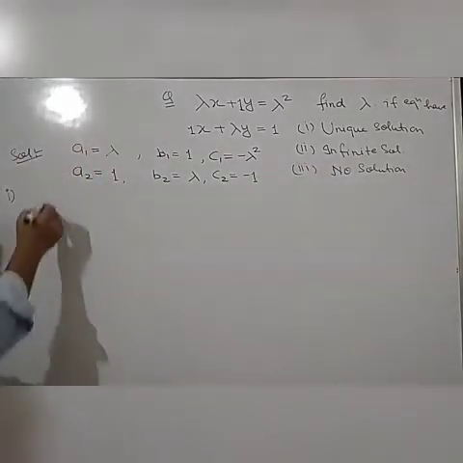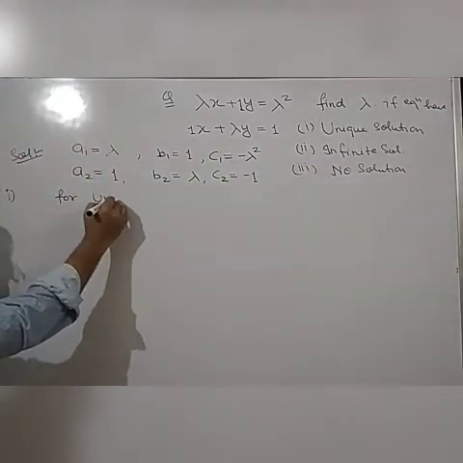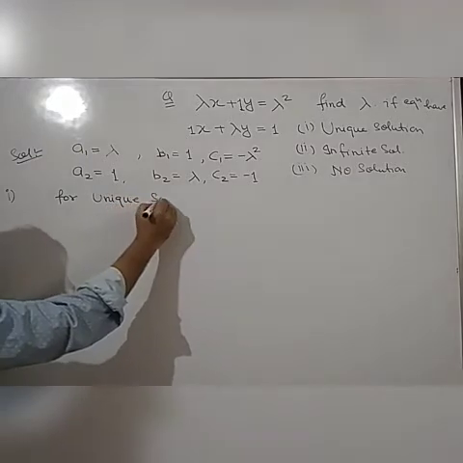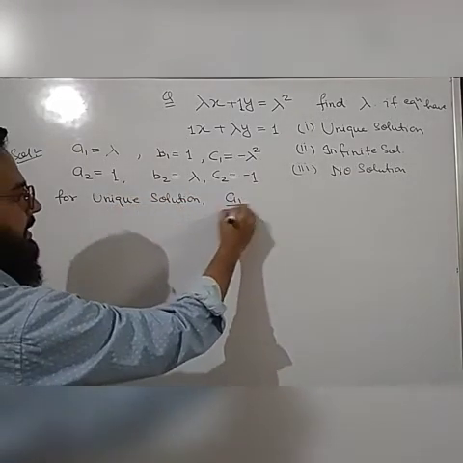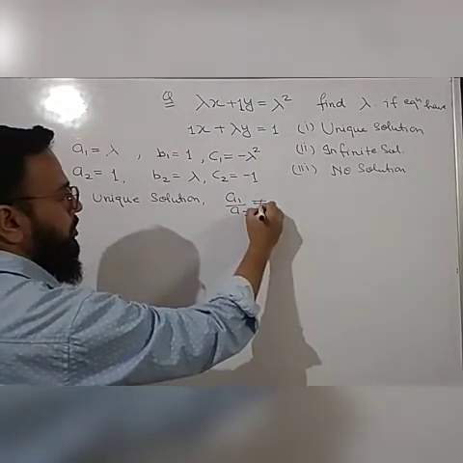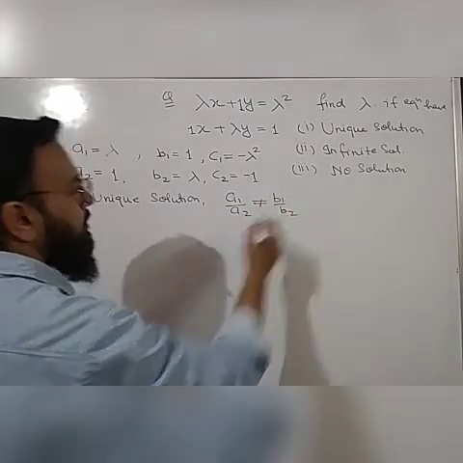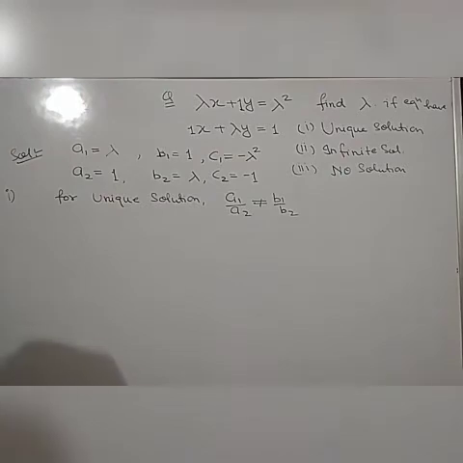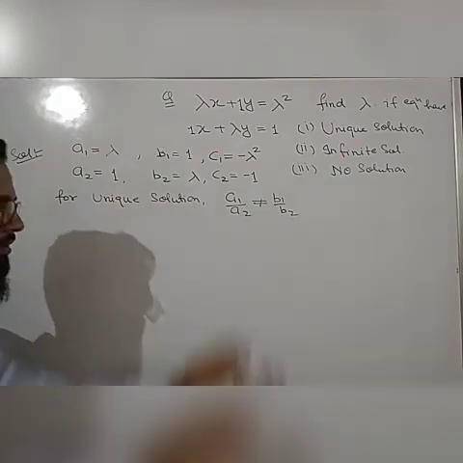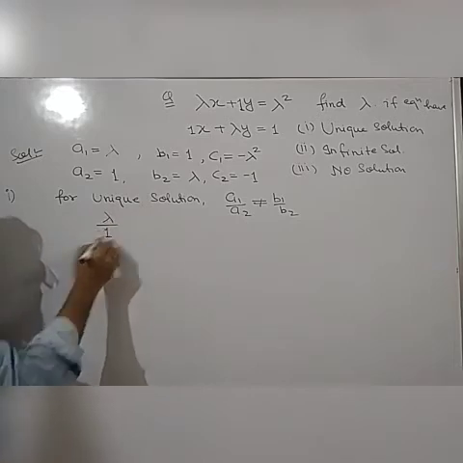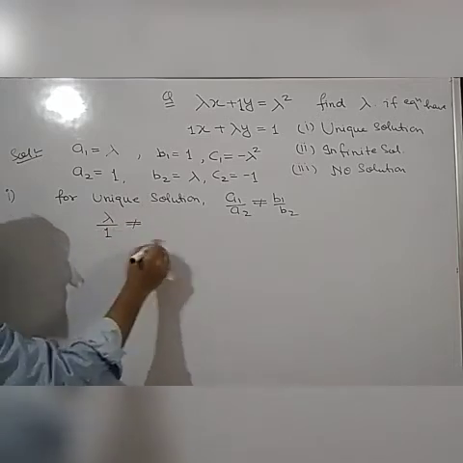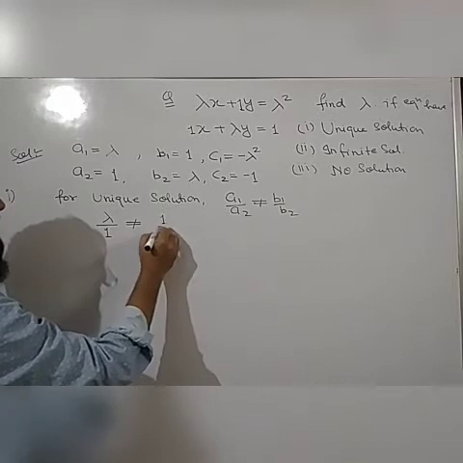So we know for unique solution, what is the condition? For unique solution, the condition is a1 upon a2 should not equal b1 upon b2. It is the condition for unique solution. So putting the values, we will get lambda upon 1 should not equal 1 upon lambda.